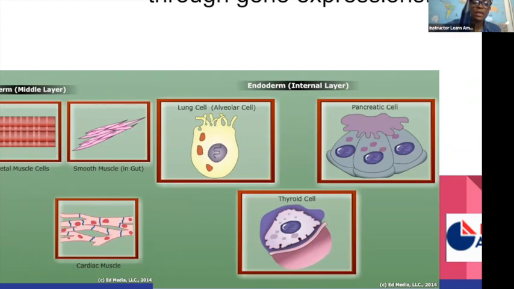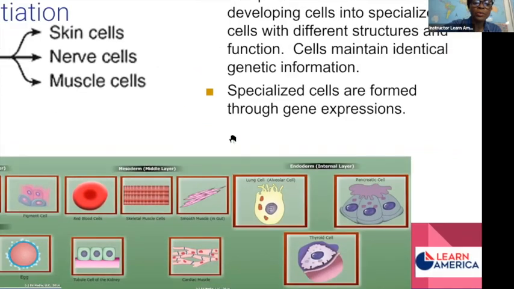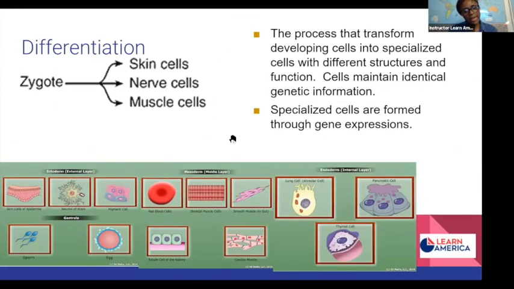Those are a few examples of the different parts of the body that are made based on the differentiation that takes place in the circle. They all have the same genetic information. It's just that different parts of the DNA are being expressed to give you the different types of cells.